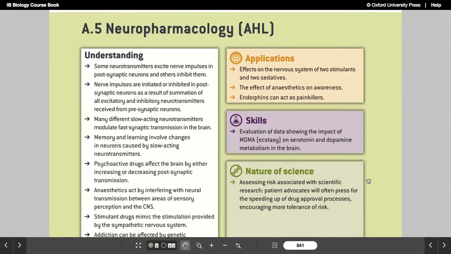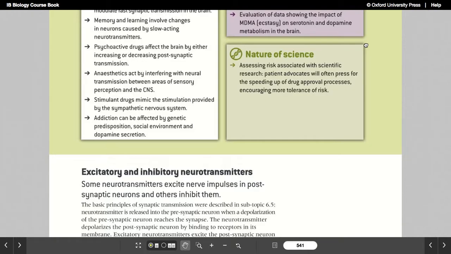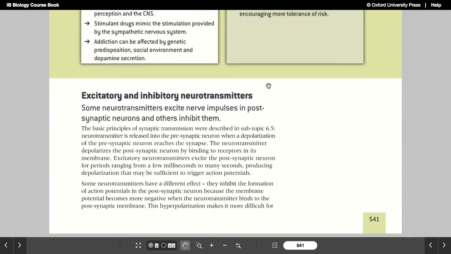Okay, so A5 is talking about neuropharmacology, so this is our drugs and like firing in the brain chapter. So first we want to start by talking about excitatory versus inhibitory neurotransmitters. Some neurotransmitters, when they're set in the synapse, they excite the postsynaptic neurons. So that's what we've usually talked about: you have a presynaptic neuron send a message to the synapse, the neurotransmitters hop across the synapse, knock on the door of the postsynaptic neuron, and the message continues.